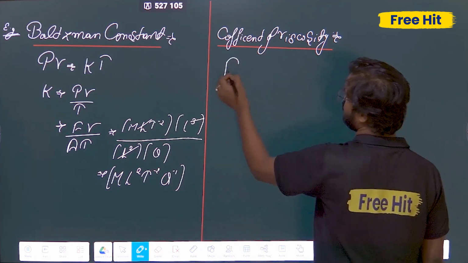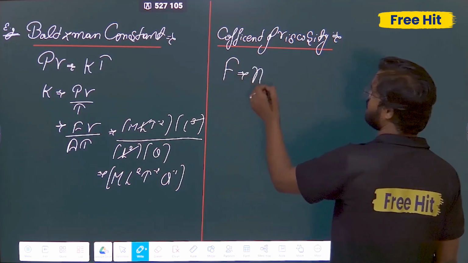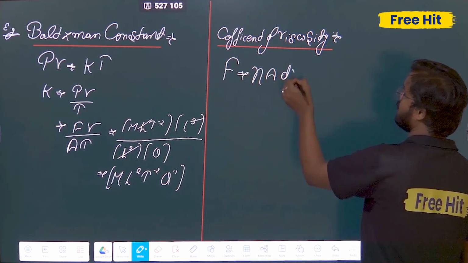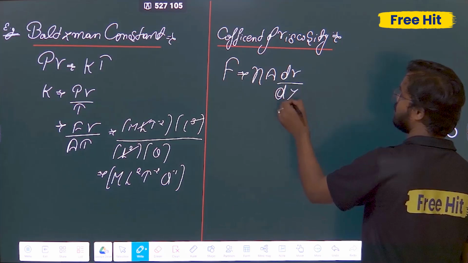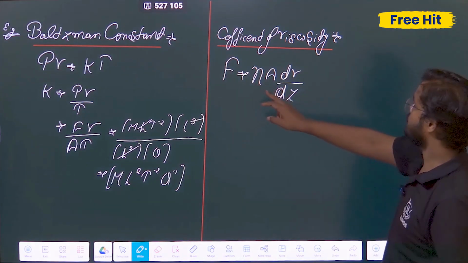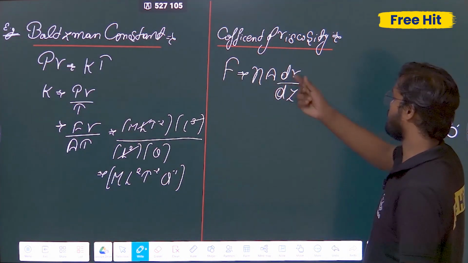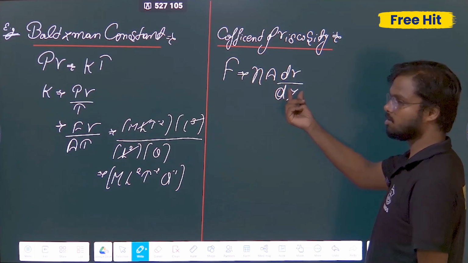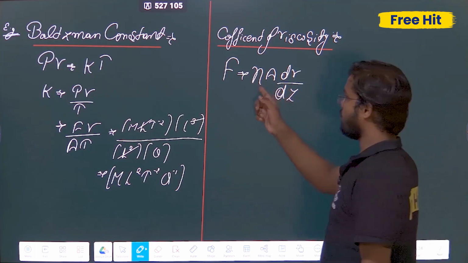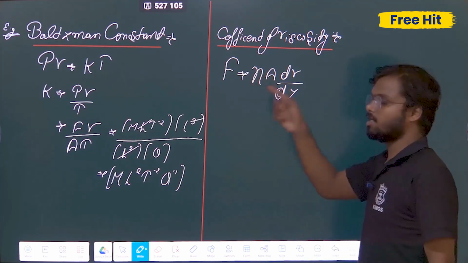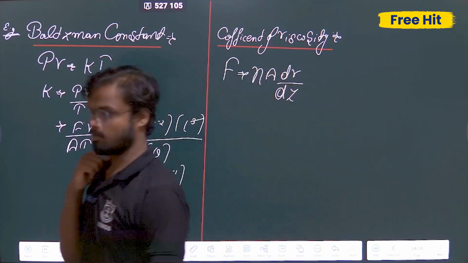First, let me tell you: F equals eta A dV by dz, where eta is the coefficient of viscosity, F is force, A is area, dV is change in velocity, and dz is change in distance. Now find the dimension of eta. Just solve this and write the answer in your notebook.